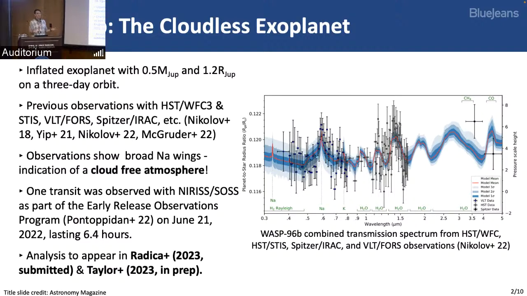And as Eliza has told us, clouds can be a nuisance to observe things in transmission because they dampen atmospheric features. So a cloud-free atmosphere generated a lot of excitement in the exoplanet community. Anyways, WASP-96b was chosen to be observed with NIRISS SOSS as part of the early release observations program, and that transmission observation was carried out in June of this year.